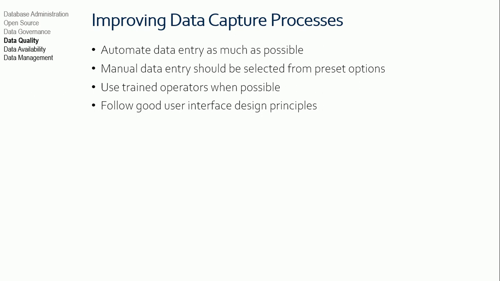Follow good user interface design principles, because poor user interface design is sometimes one of the major causes of poor data, right? When things are confusing, when it's not clear to the user what type of input they have to put in the system. Use immediate data validation for entered data to give the user feedback when they put the wrong type of data in, or if the data appears inappropriate, for example.